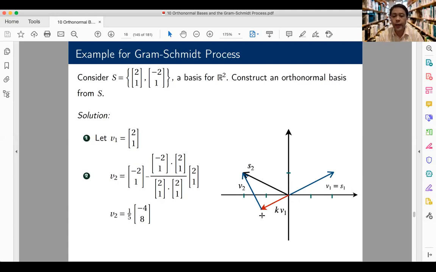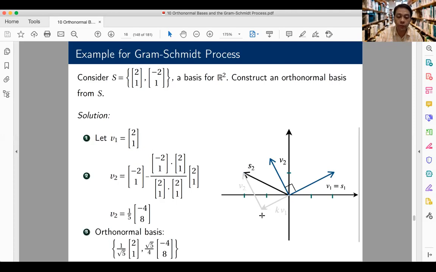Now take note that we can write the vectors from any point in space. In this case, we can write it from the origin. And V2 is orthogonal now to V1. So, what is our last step? We just need to get an orthonormal basis. So, we just divide the vectors V1 and V2 by their magnitudes, and this is what we get.